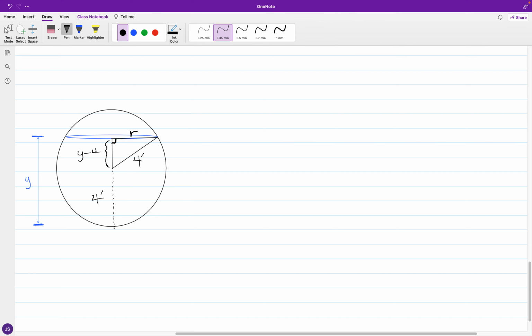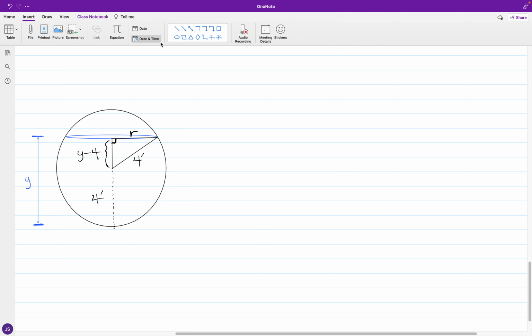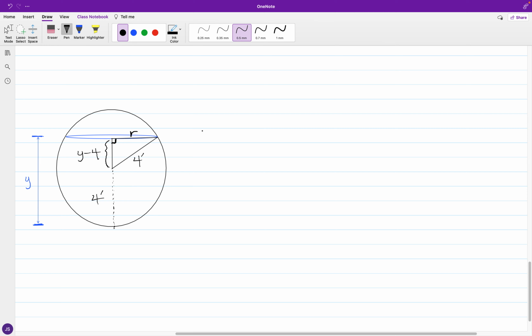Now, if I had the liquid level below the center of the circle, we would have 4 minus y. But again, the square of y minus 4 and that of 4 minus y will end up being the same. So in looking at the triangular setup, we have the right triangle, with the radius of the liquid at r.